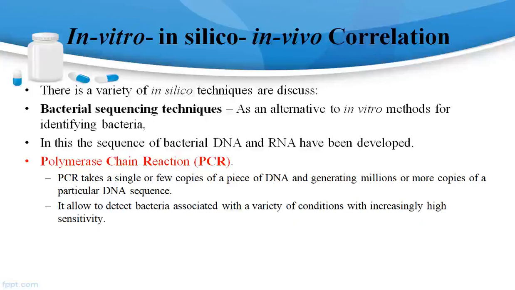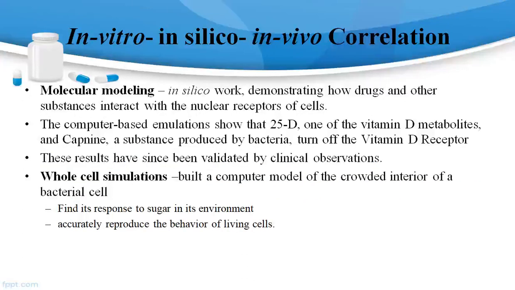The polymerase chain reaction takes a single or few copies of a piece of DNA and generates millions or more copies of a particular DNA sequence. It allows detection of bacteria associated with a variety of conditions with increasingly high sensitivity.